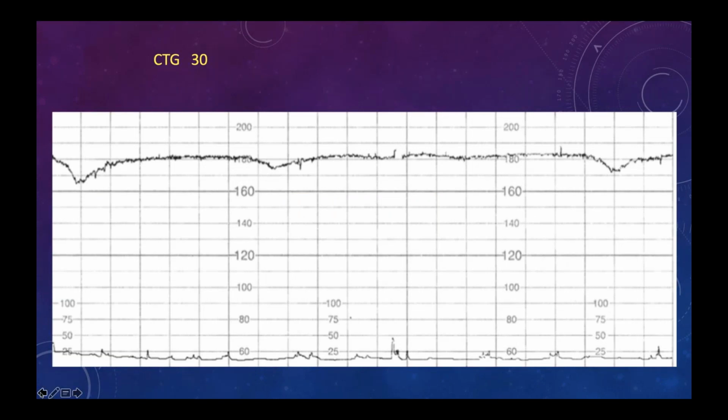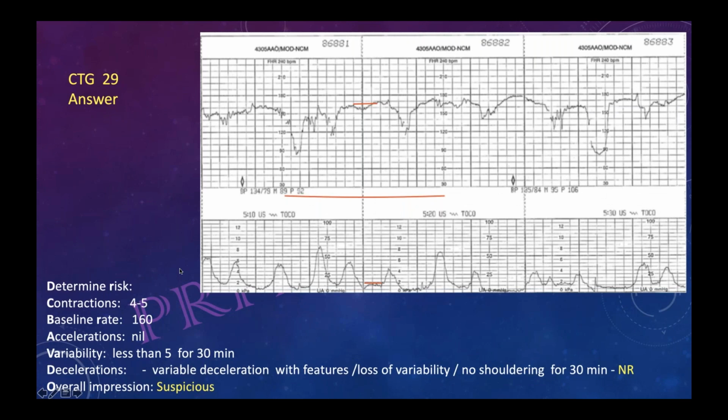Isn't that a 30-minute trace? This is 10 minutes and this is one more. No, this is 30 minutes. No, this is 27. 1, 2, 3. It is a 27-minute CTG, less than 30 minutes actually, na? Okay.